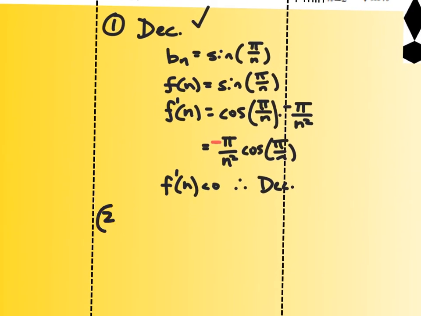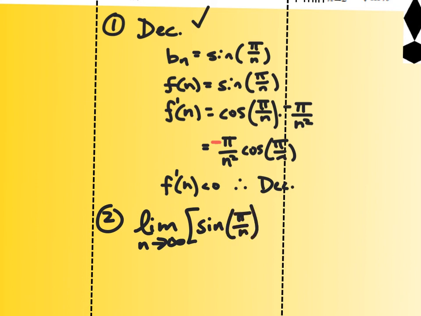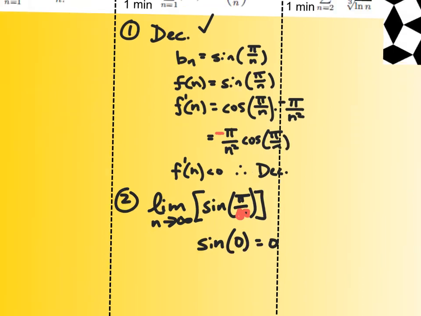Part 2, limit as n goes to infinity of b sub n, or u of n, whatever you want to call it. Well, if n goes to infinity, that's going to go to the sine of 0, and the sine of 0 is 0.